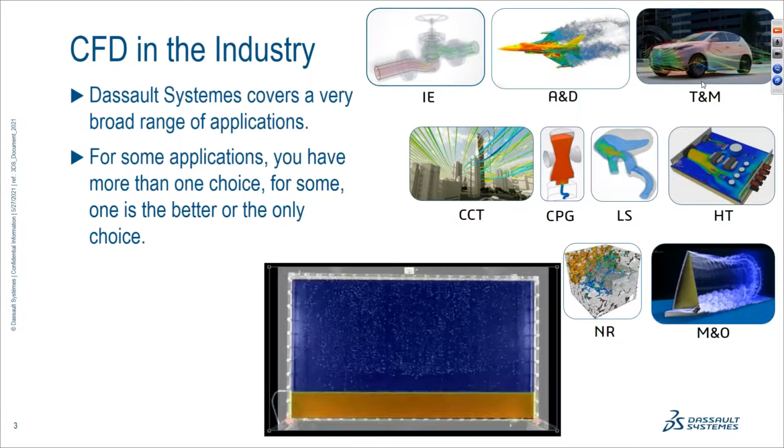For some of these applications, all the three products that I mentioned in the previous slide are good. For some that are a little bit more specific, maybe two of them are more suitable, and sometimes just one of them is really handling that particular application.